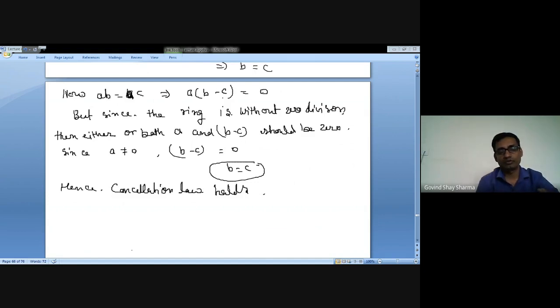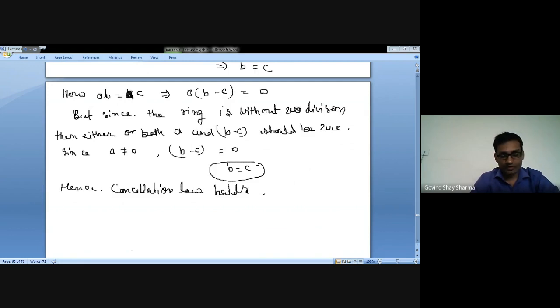We know when a ring is without zero divisor, AB is equal to zero means either A or B is equal to zero, because there is no term that multiplies with another to give the result 0.